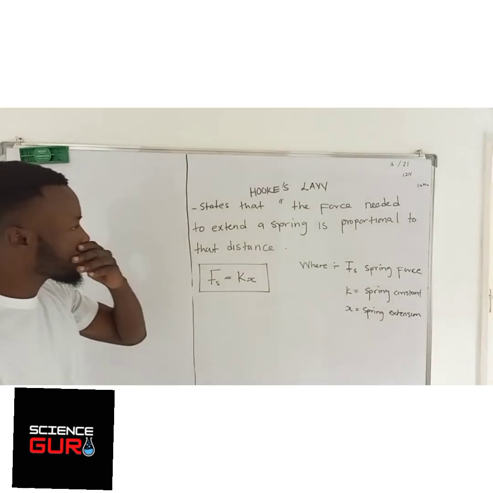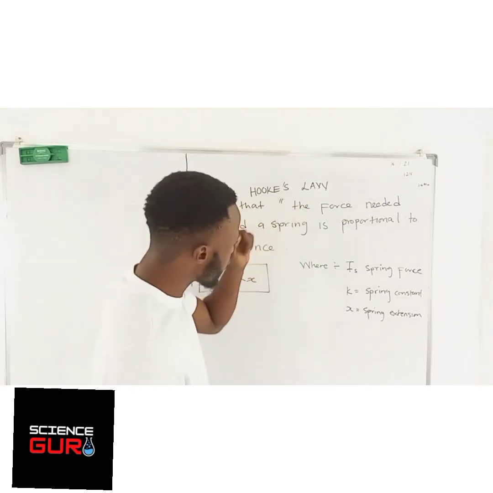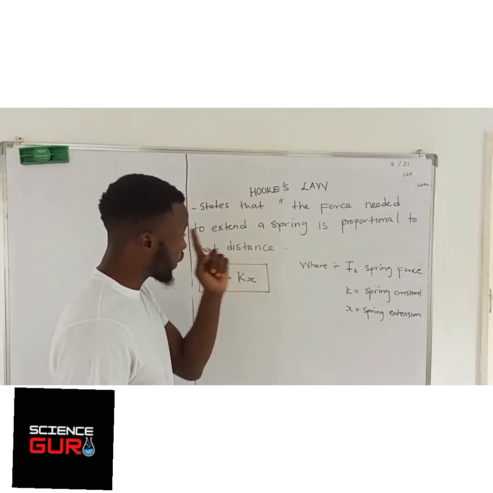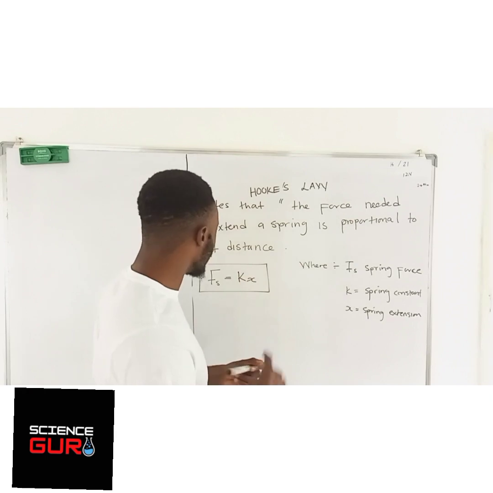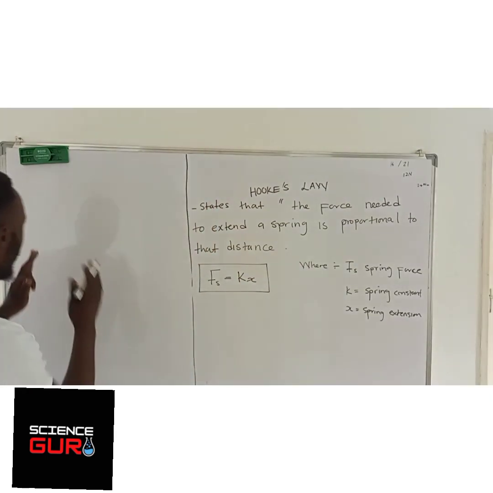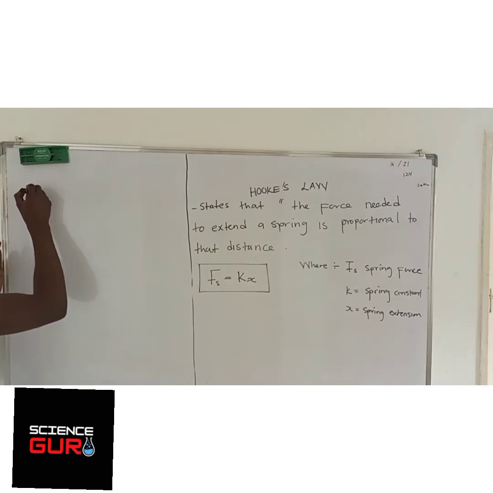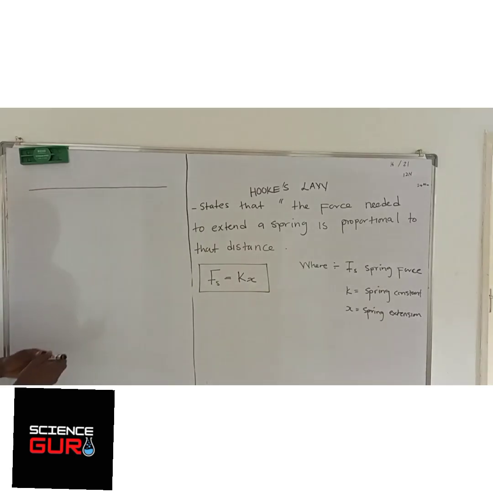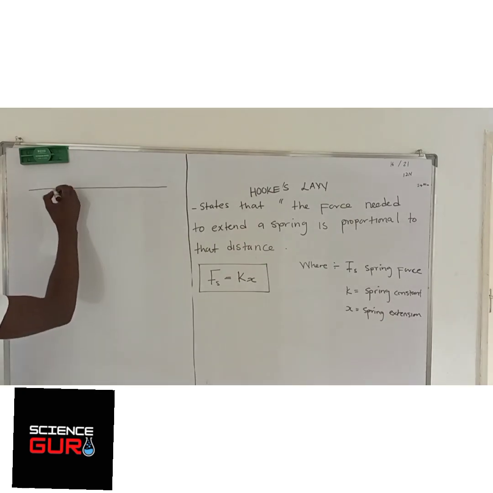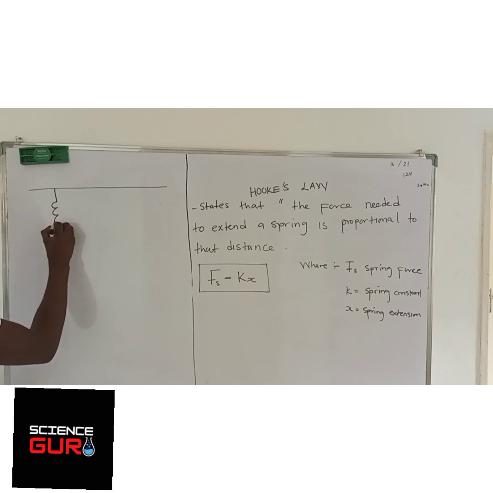Now, what does this mean, guys? The force needed to extend a spring is proportional to that distance. Let me give you an illustration here. Let's say you've got two springs suspended. So this is your spring, guys.